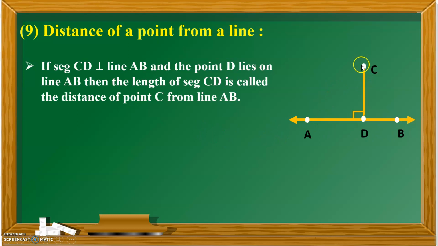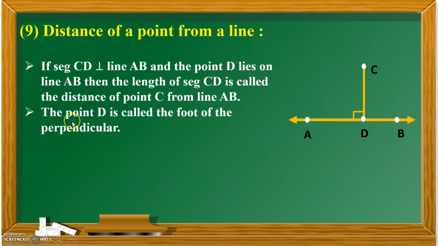Okay, if you have a point here, and if you have a line, if you want to find the distance between a point and a line, you have to consider the perpendicular distance. This is what it means. Distance between any line and a point is always the perpendicular distance. Okay. So here D is called the foot of the perpendicular.